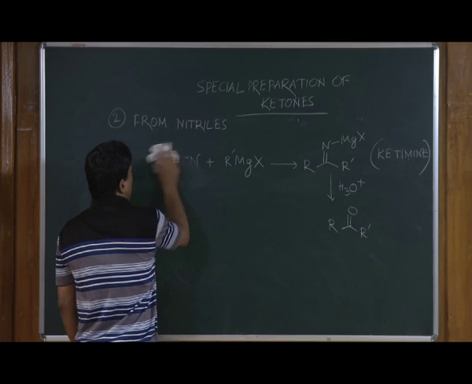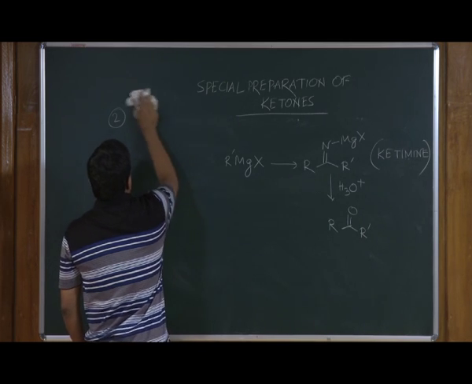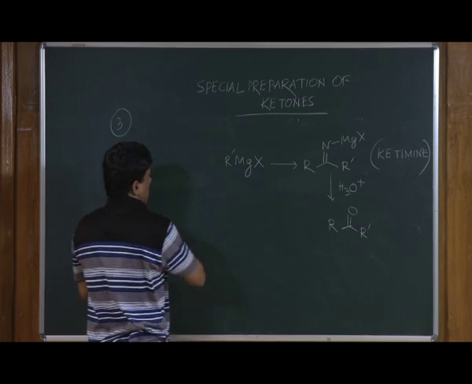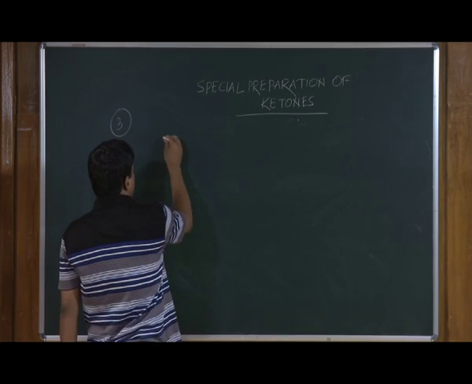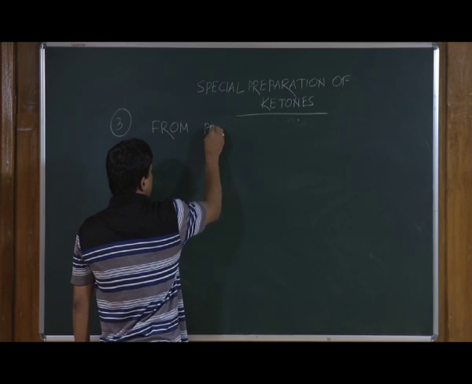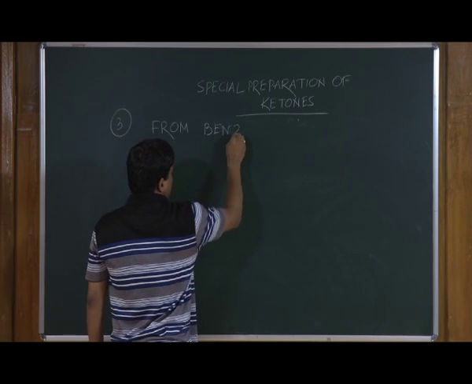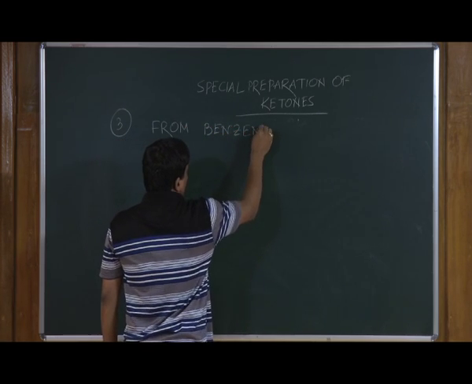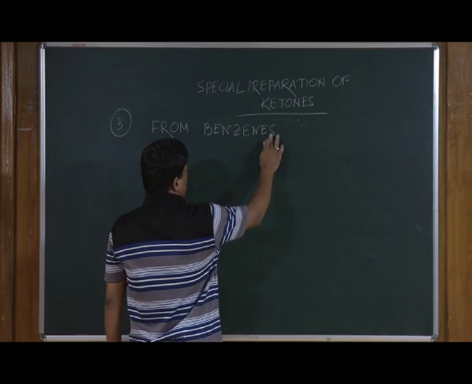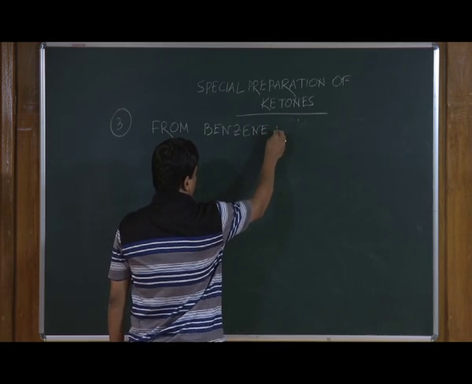And the last one we will discuss is from benzene. From benzene we have previously seen the synthesis of aldehydes, benzaldehydes or aromatic aldehydes. Now, we will see the synthesis of ketones.